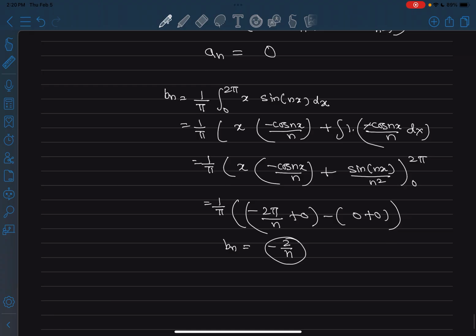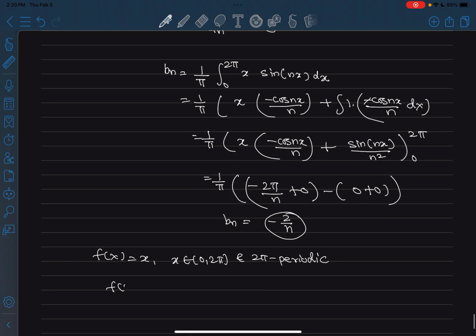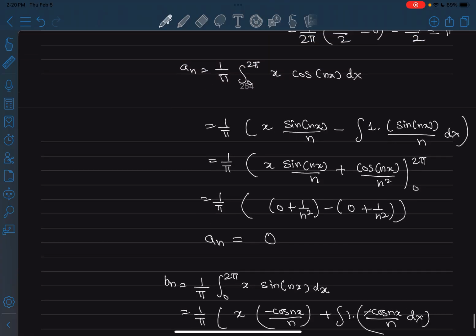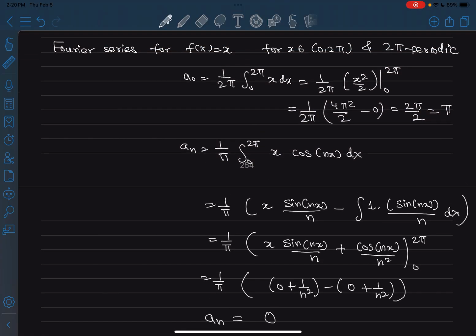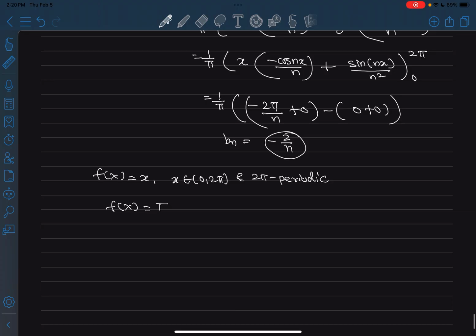So that means f of x equals x for x belonging to 0 to 2 pi, and 2 pi periodic function. This can be written as f of x equals a sub 0, which is just pi, and then the sum from n equals 1 to infinity of 0 times cos nx, plus the sum from n equals 1 to infinity of minus 2 over n sine of nx, right?